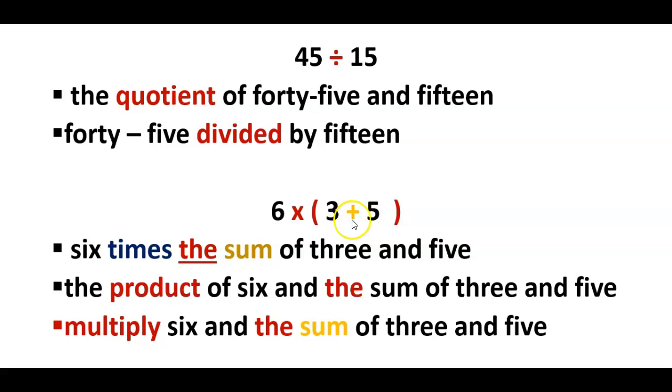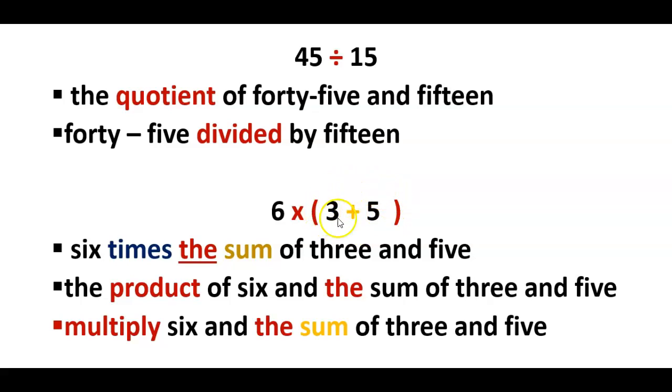It doesn't matter, okay? So, if you're going to translate this, 6 times what? The sum of 3 and 5, because you're going to multiply 6 by not 3, not 5, but by the result of 3 plus 5.